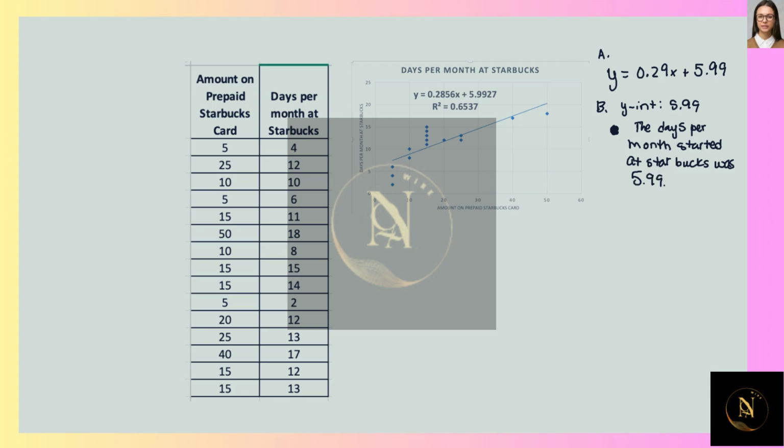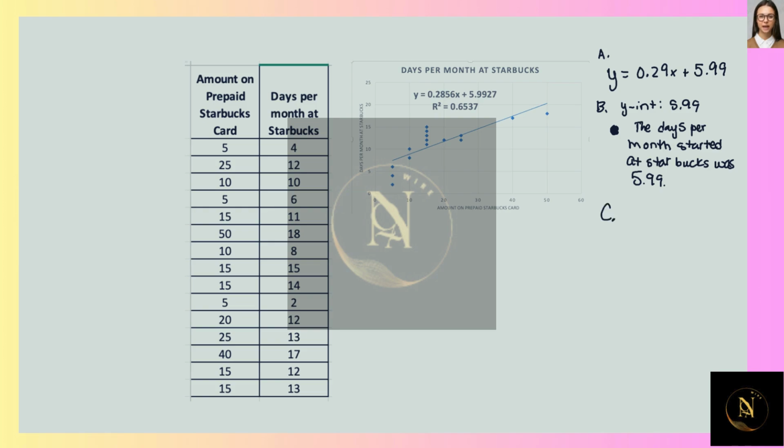Okay, that's the starting point. However, that doesn't really make sense in the context of this situation. The 5.99 is being used to gauge the average amount on the prepaid card and how it increases the more days per month that it increases.